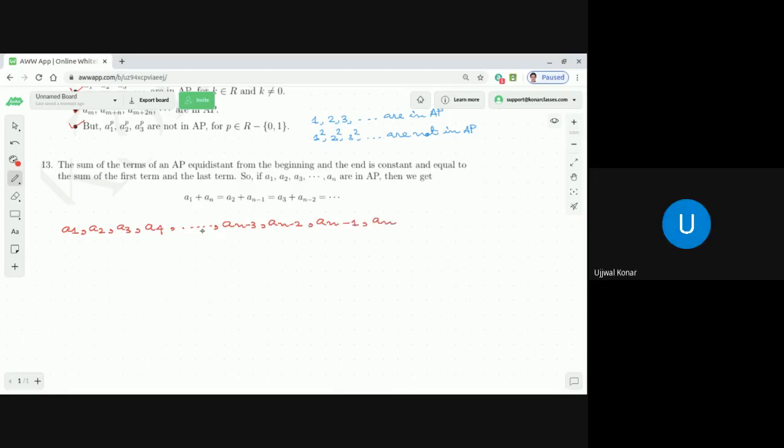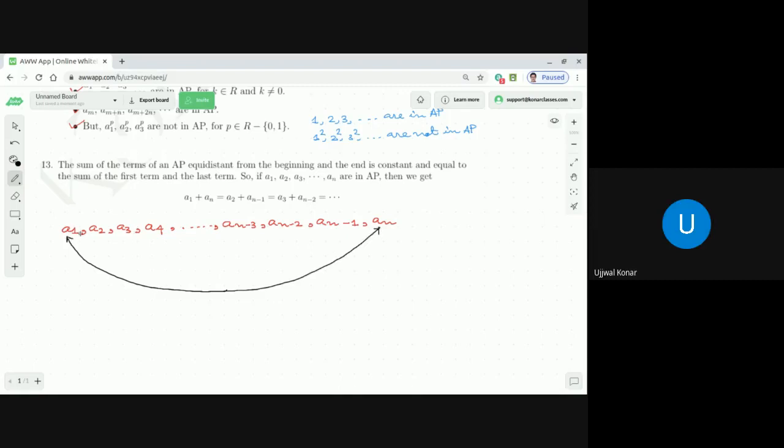What it is telling is that the sum of the terms of an AP equidistant from the beginning and the end is constant and equal to the sum of the first term and the last term. What it says: you add A1 and AN.